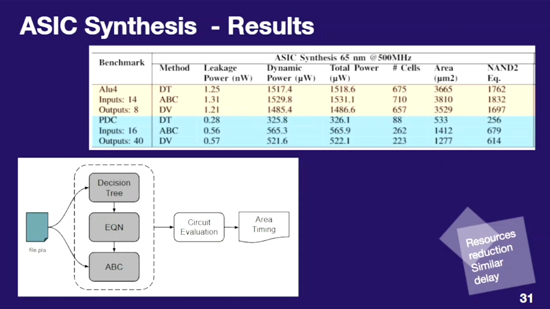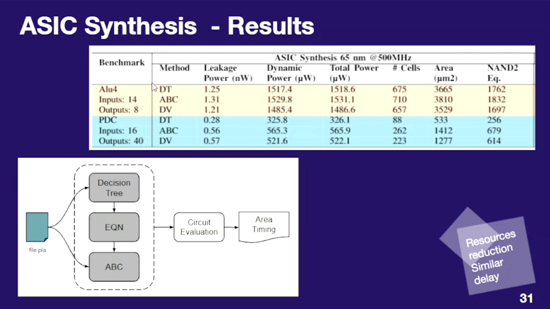Here we can notice more specifically the results. We have the benchmarks ALU4 in yellow here and PDC in blue, and the three methods: decision tree, ABC optimization script, and direct Verilog.